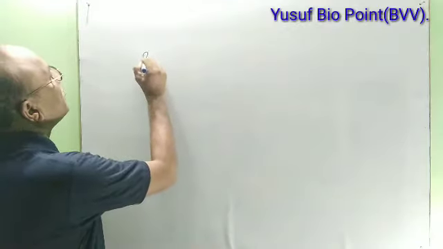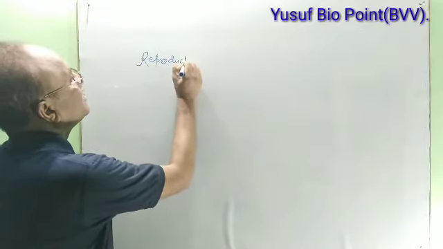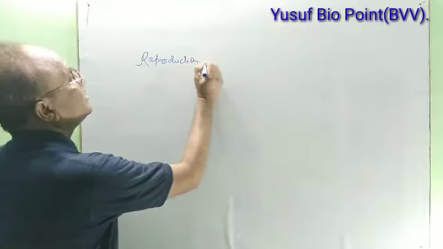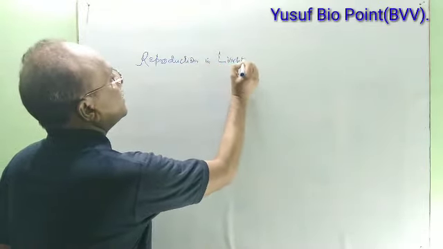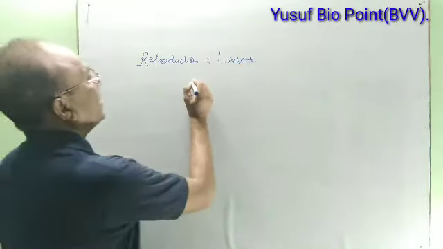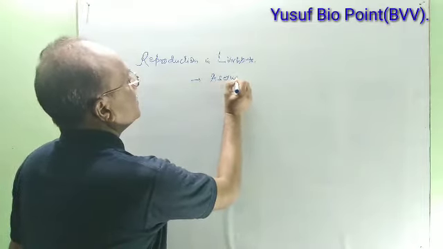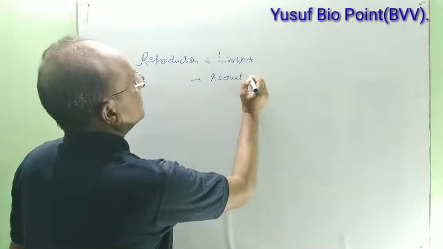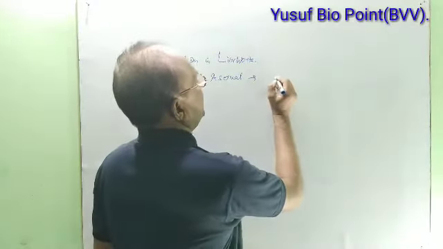Now we study the reproduction in liverworts. Asexual reproduction is mainly by means of fragmentation.